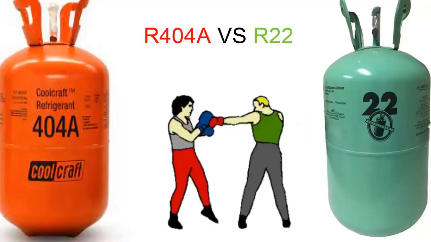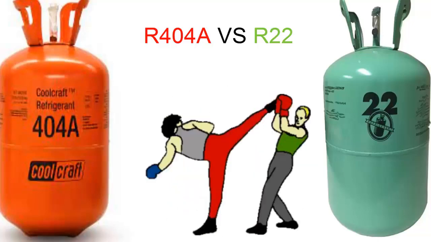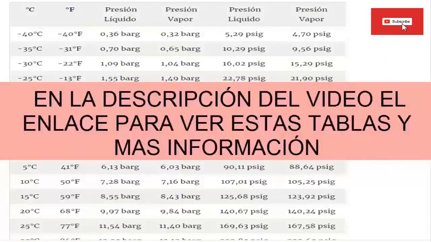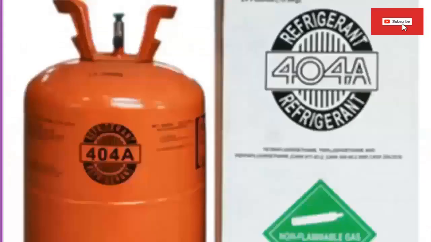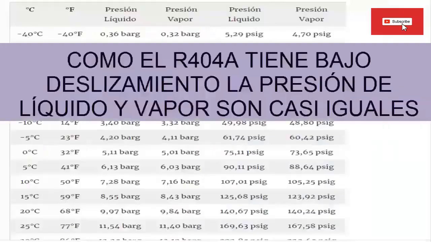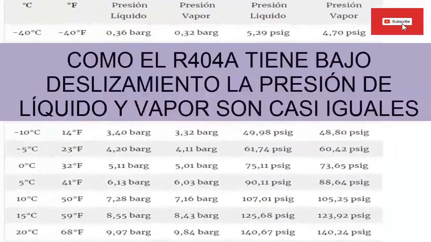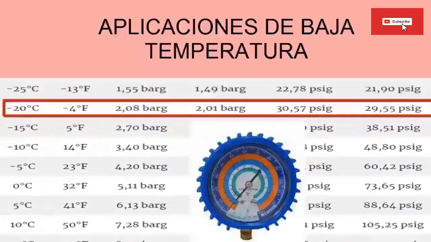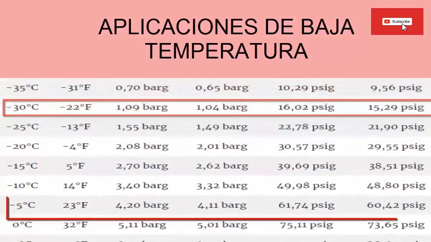Now, let's study in detail the pressures of each of these refrigerant gases and their impact on refrigeration systems. The most used R404A refrigerant gas pressures are: 1. To reach a temperature of -20 degrees Celsius in the evaporator, equivalent to -4 degrees Fahrenheit, a low gauge pressure of 2.1 bar is needed, equivalent to 29.55 psig. 2.